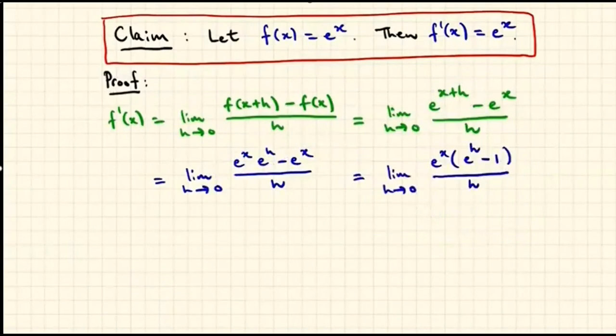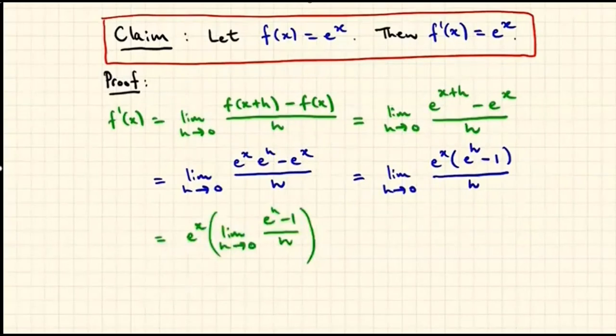But e to the x doesn't involve h at all. So it's like a constant that can come out the front of the limit. So we'll get e to the x times the limit as h tends to 0 of e to the h minus 1 over h.